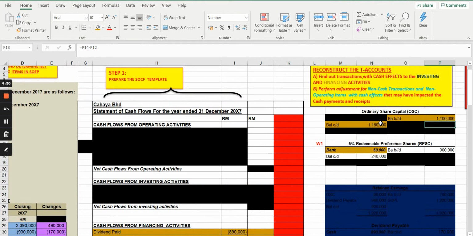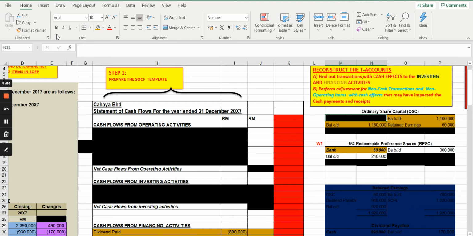And the ending balance is 1,160. So therefore there was a transfer from the retained profit to the share capital. The transfer means debit retained profit and credit the share capital. So when you debit retained profit and credit share capital, this has nothing to do with cash, right? It's just a non-cash transaction.